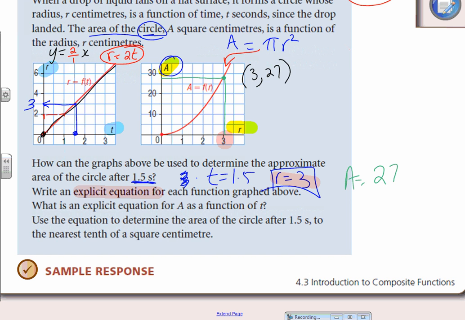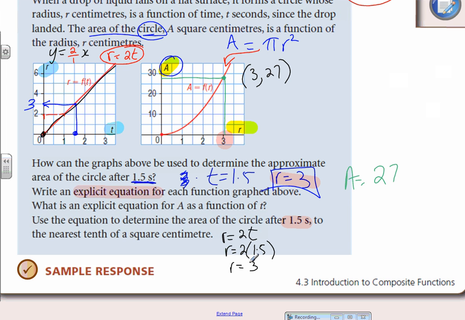So now using these two equations, we're going to find how close we were with the 27 guess. Take our 1.5 and plug it into our first equation, r equals 2t. So r is equal to 2 times 1.5, which is the 3 centimeters that we were given.